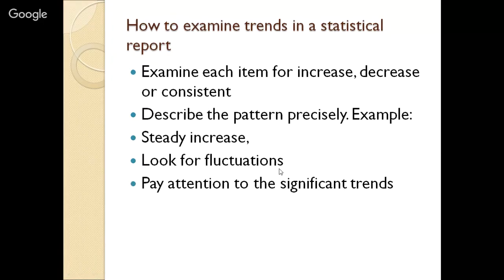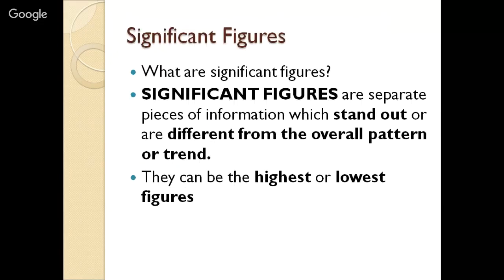And then we look for fluctuation. So when we're analyzing our table, we need to look at whether there is a trend. When you look for trends, you should be able to identify what kind of trend it is. After you have identified the type of trend, you should be able to describe the trend. And then you also need to look if figures are fluctuating. And once again, you pay attention to the significant figures.